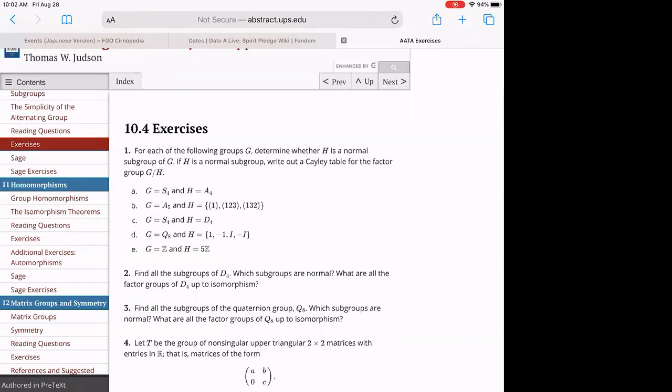I'm not 100% sure, but it's something like if G times N times G inverse is a subset of N, and also if G N G inverse is equal, then G N is equal to N. Yeah, I suggest you use that.